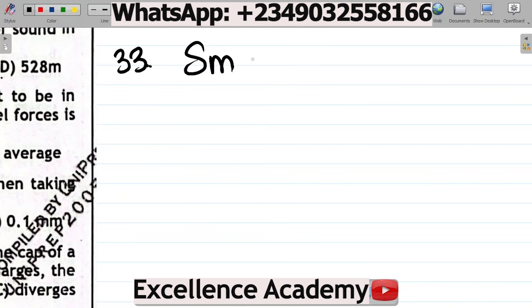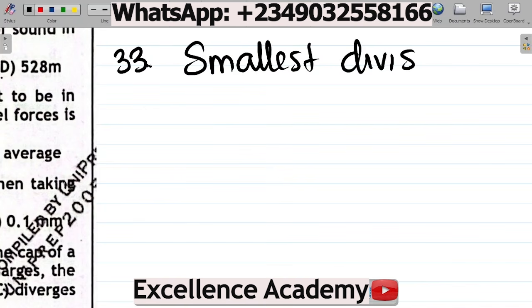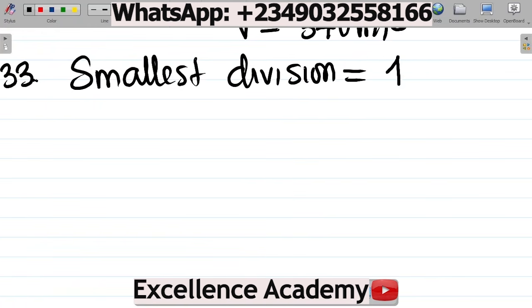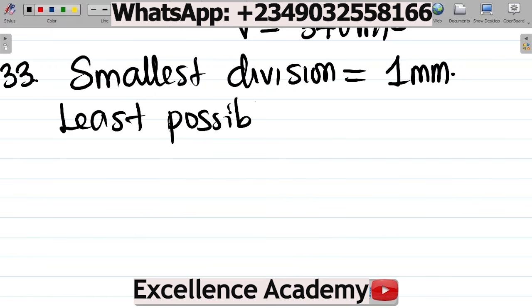So for 33, the smallest division of a meter rule is equal to 1 millimeter. That's 1 mm. And the least possible error should be equal to half of the smallest division.